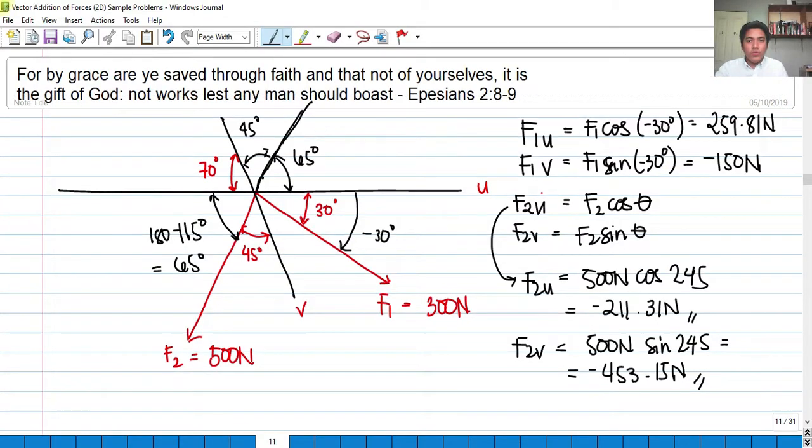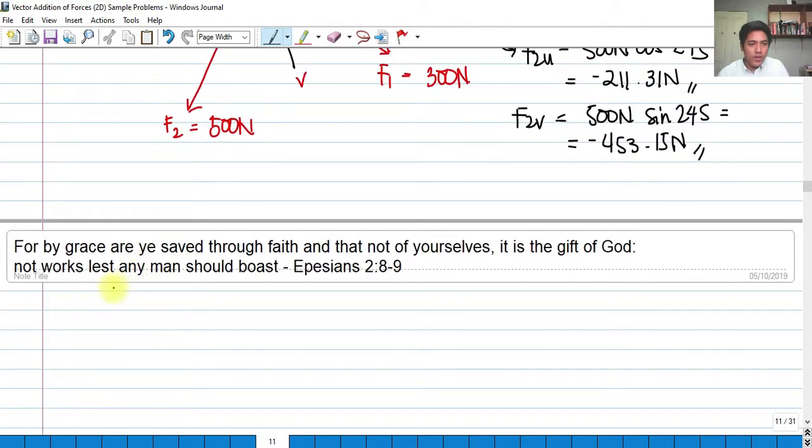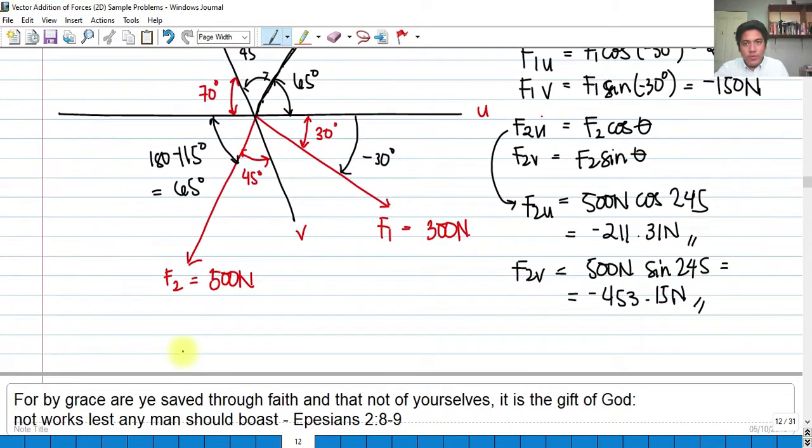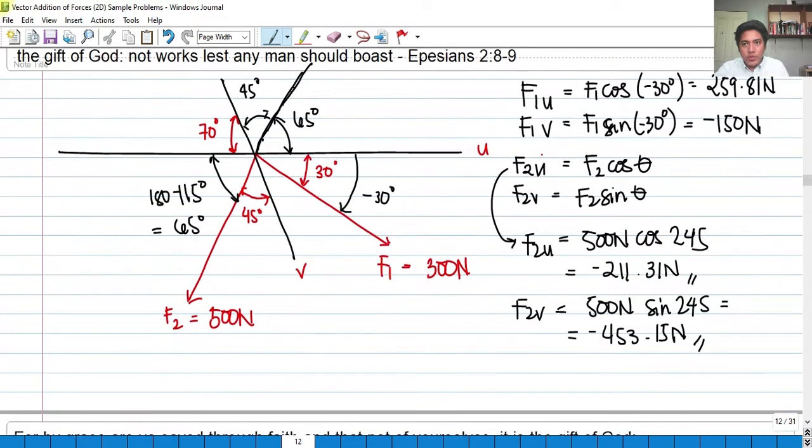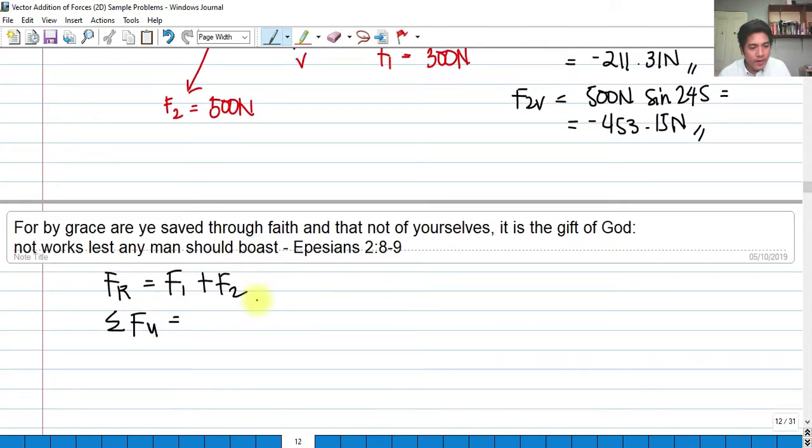And what are we going to do to get the FR? The FR is simply F1 plus F2, the summation of F1 and F2. So if I'm going to get the summation of forces along U, F1U is 259.81 newtons.